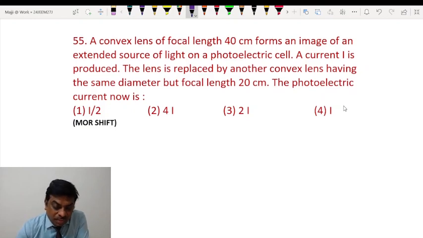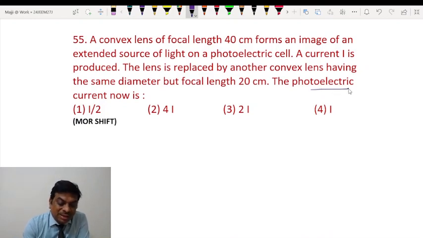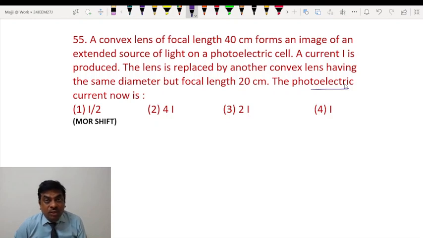Now, students, you know, the photoelectric current is basically the rate of flow of charge, and it will be proportional to the number of charged particles passing, and this number of charged particles is nothing but photoelectrons. So the rate at which photoelectrons are emitted will decide the electric current.